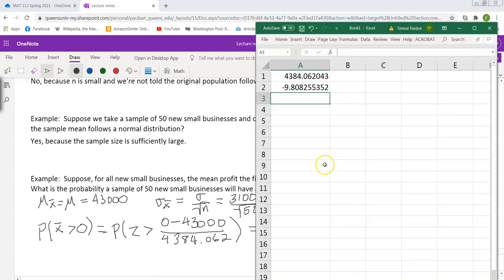So 1 minus NORM.S.DIST. This value means if we just click on that value, we don't have to worry about rounding. True, and we get 1.